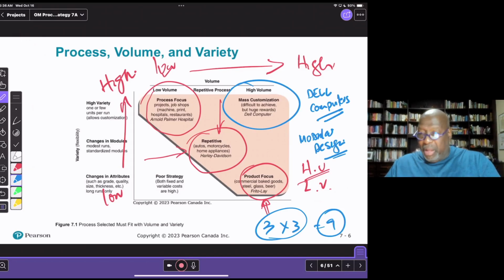All I have to do is pull out the slot and slip in a 2 terabyte drive. Pull out, slip in a 5 terabyte drive. So if I did that, then essentially that's 3 different computers right there: a 1 terabyte computer, a 2 terabyte computer, a 5 terabyte computer. And then if I change the processor speed, for example, 1.5 gigahertz versus 2 gigahertz versus 2.5 gigahertz, then that's 3 options.